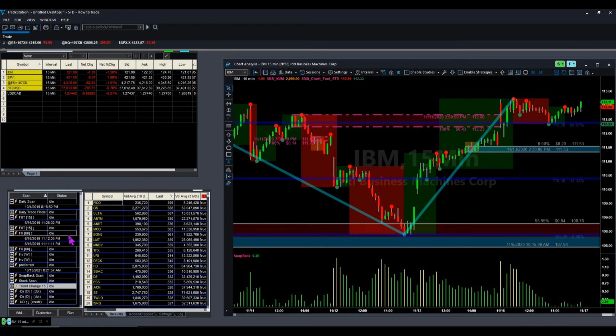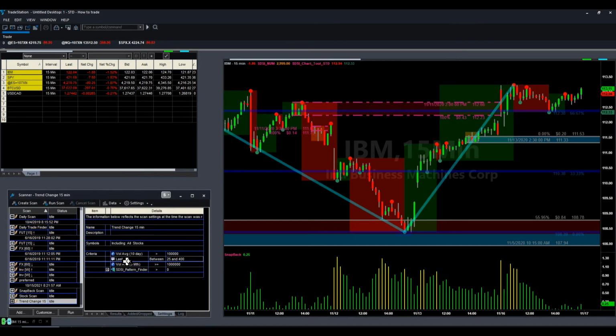You can run scans if you have certain settings that you like to look for on an asset, as far as average daily volume, the price, things of that nature. You could create your scan for your specific set of rules.